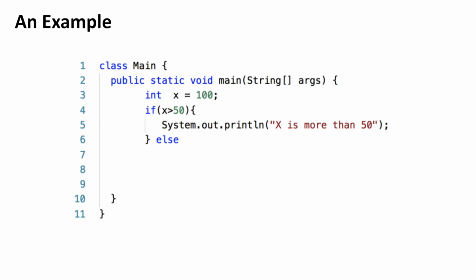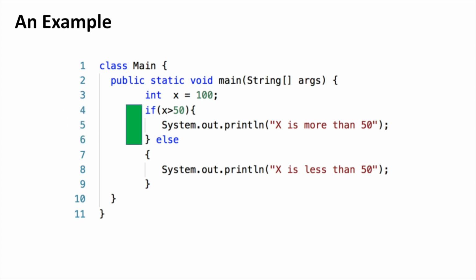Else, if it is not more than 50, then we display another message saying x is less than 50. This is a very simple example. As you can see, there are two blocks in this example. One block is for when the answer of the condition is true, and the other block is for when the answer of the condition is false.